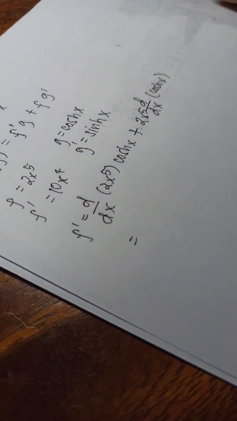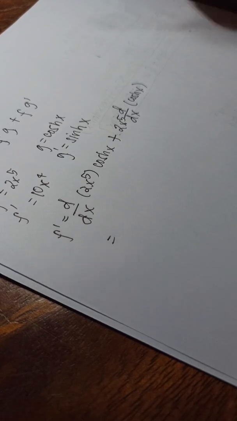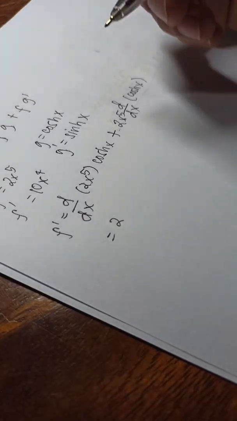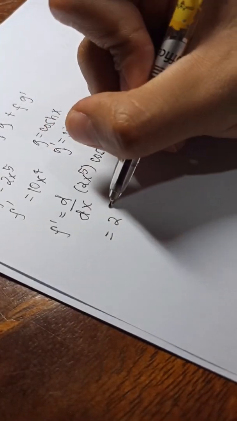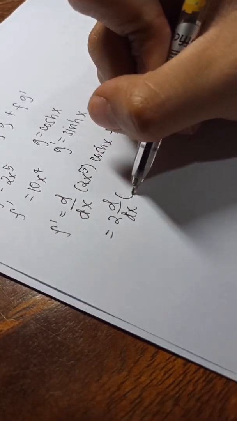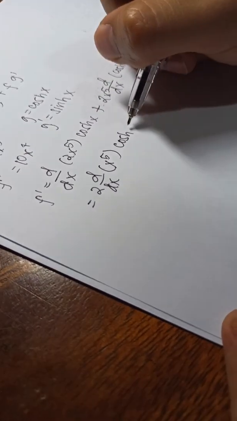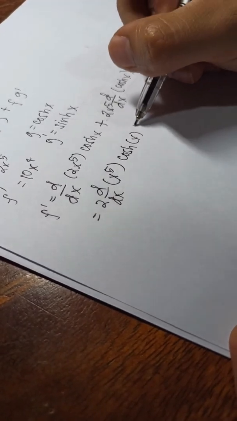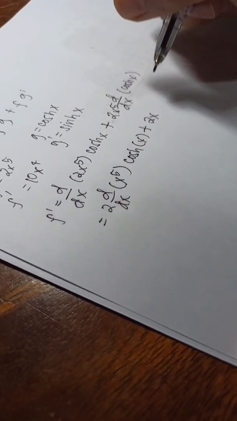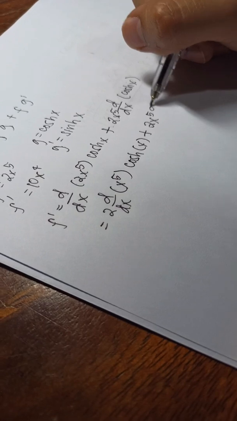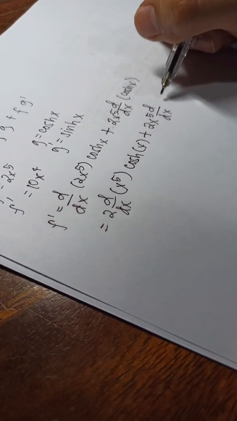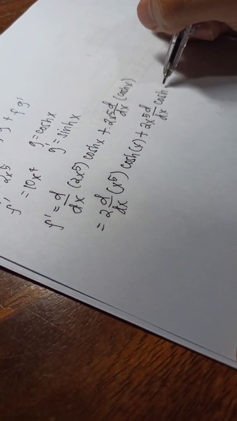So by applying the constant multiple rule, we'll have 2 d over dx of x raised to 5 cosh x plus 2x raised to 5 d over dx cosh x.